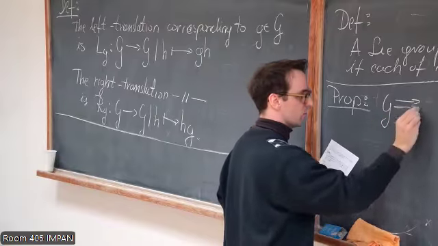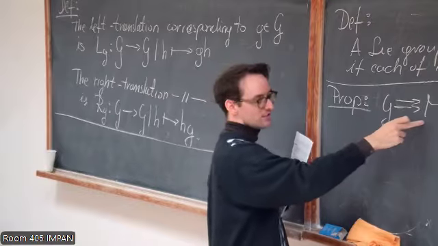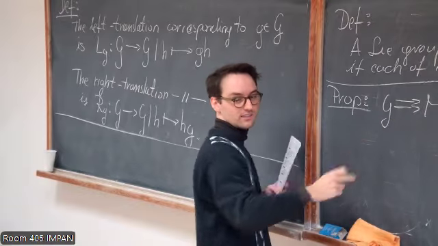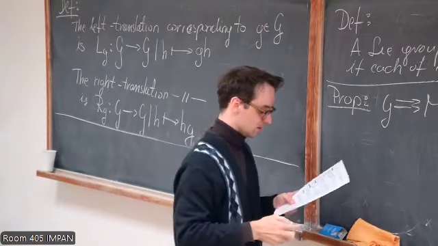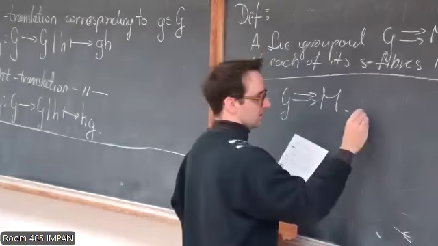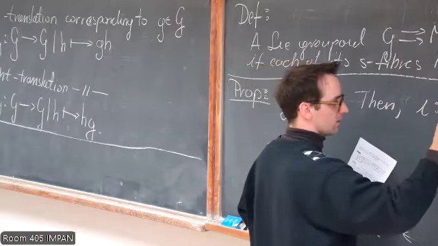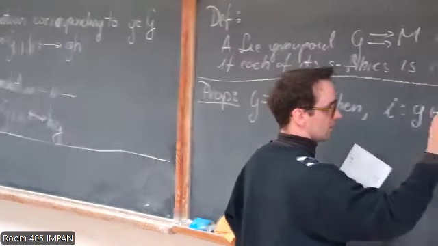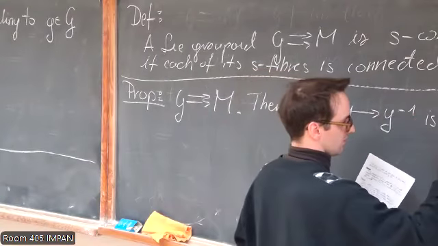Okay, so composition. So we have the groupoid. Now this is the notation for a groupoid, just to shorten the notation. And the inverse map is a diffeomorphism.